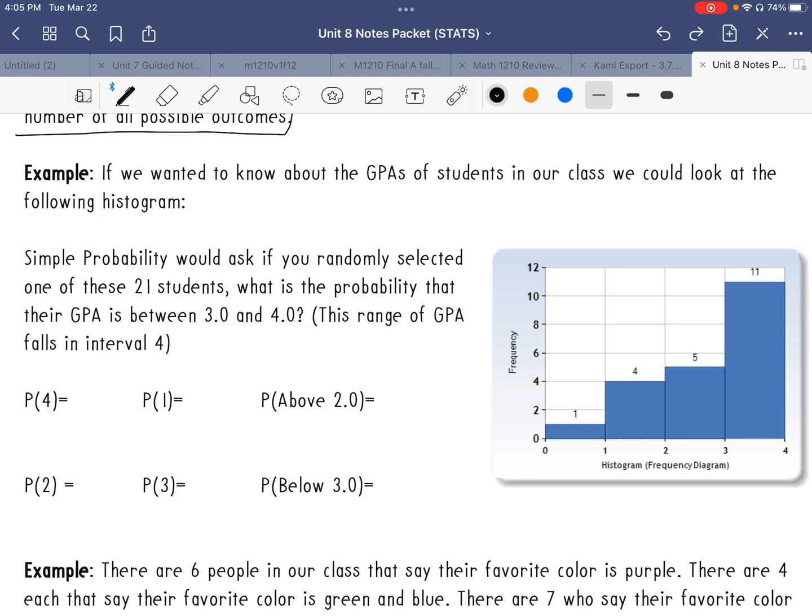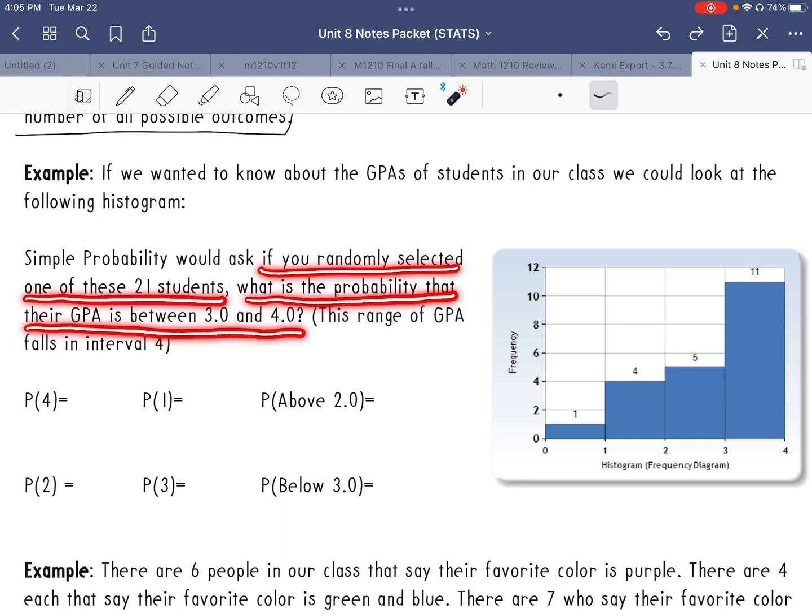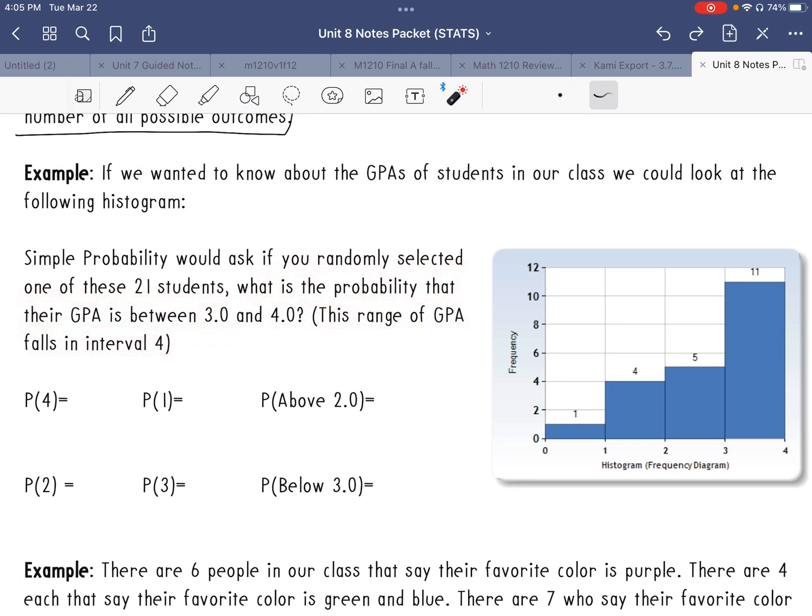So simple probability would ask, if you randomly selected one of these 21 students, what is the probability that their GPA is between 3.0 and 4.0? So this range of GPA falls in interval 4. So these are GPAs between 0.0 and 1.0, between 1.1 and 2.0, between 2.1 and 3.0, and from 3.1 to 4.0.